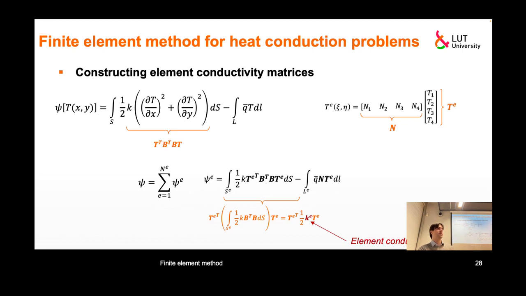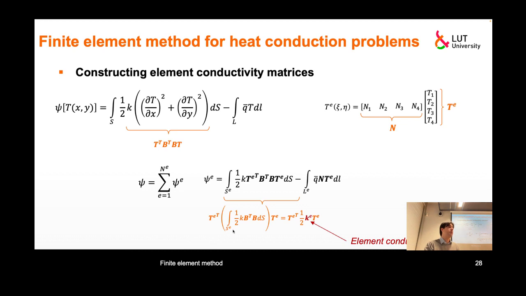If it's a homogeneous medium, then this conductivity will have the same value everywhere, right? Otherwise, it may differ, and I can use different conductivity for different elements. Not a problem. So if I have a domain that consists of two materials with different conductivities, then for elements which are inside the first domain, I will use one conductivity, and for elements inside the second domain, I will use a different value of conductivity.